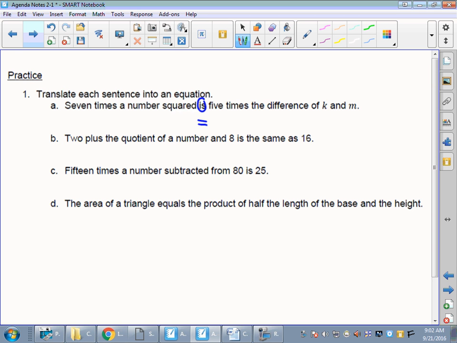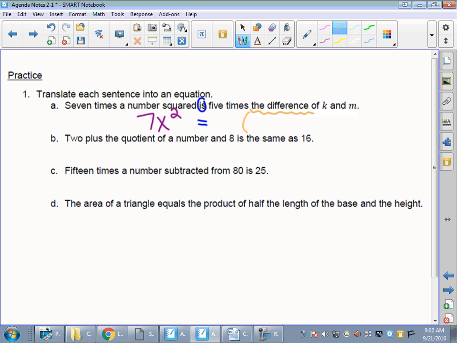So to the left of that is 7 times the number squared. Well, we all know how to do that, right? 7, you can put the times if you want. We don't know a number, so I'm going to use x squared. You can use any variable you like. We've got our is down, so then on this side, 5 times the difference of k and m. Notice there's our clue word for parentheses.